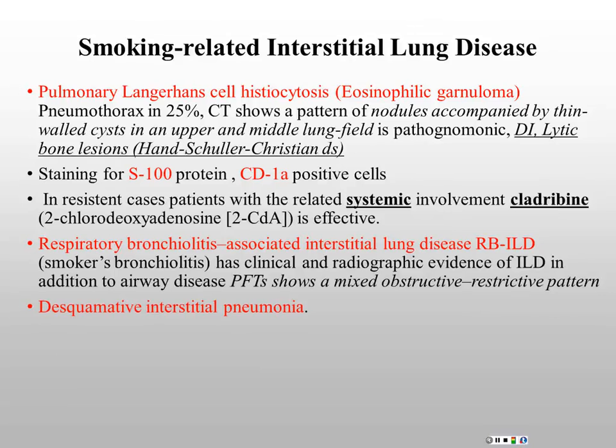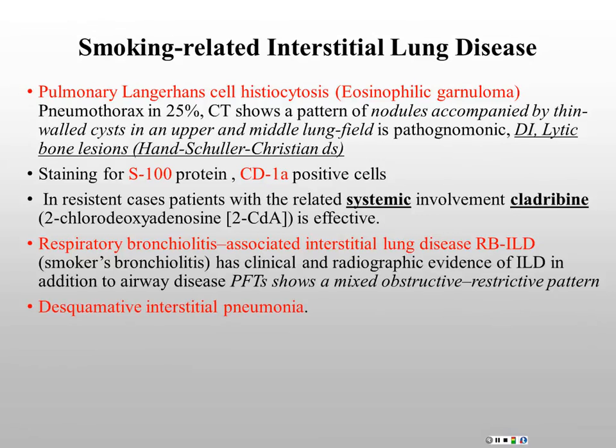The other thing is respiratory bronchiolitis-associated interstitial lung disease. The only thing I wanted to make clear about it is that it's not only a pathological diagnosis, it has to be a clinical diagnosis. So the patient should have symptoms consistent with interstitial lung disease, imaging findings consistent with interstitial lung disease, and pulmonary function test findings consistent with that, such as restriction.